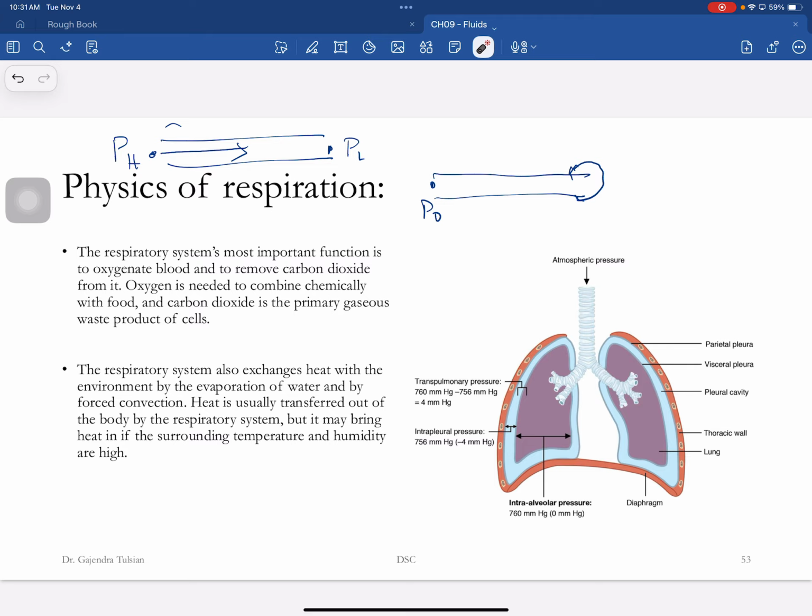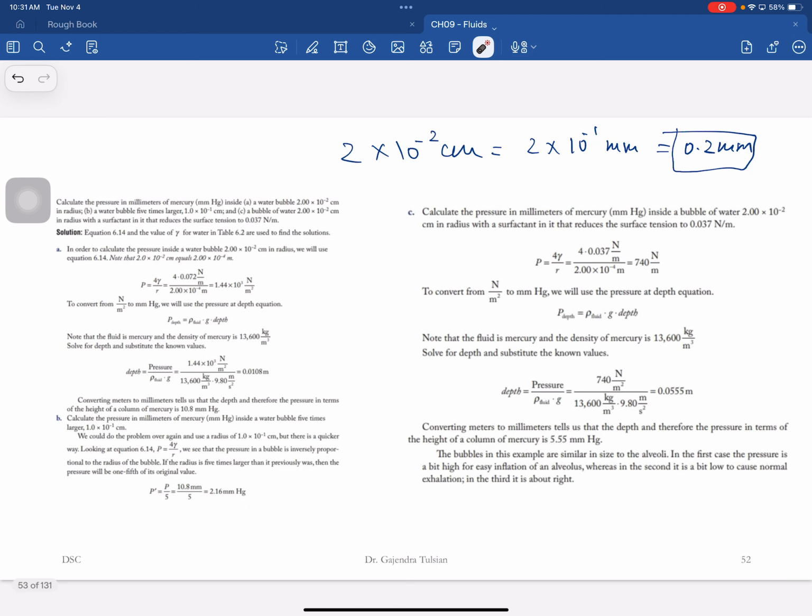All right? So we just saw that the alveolus is like a balloon, and because this balloon has tension in it, it increases the pressure by 5 millimeters of mercury above atmospheric pressure.